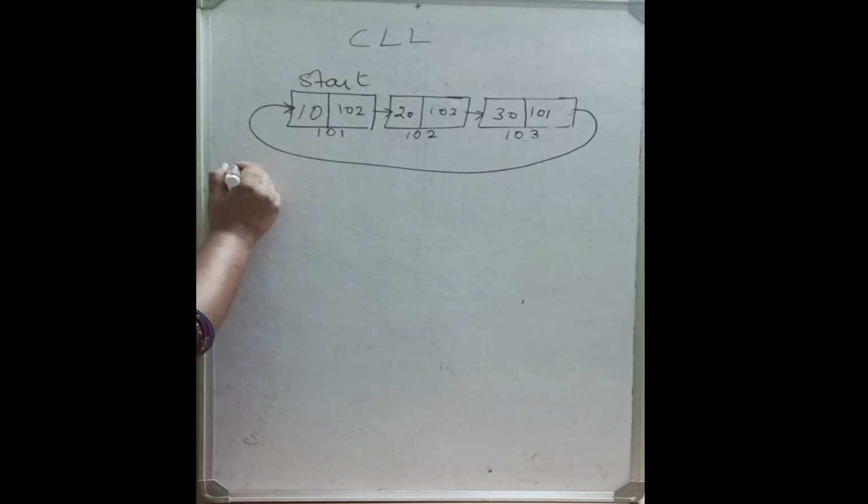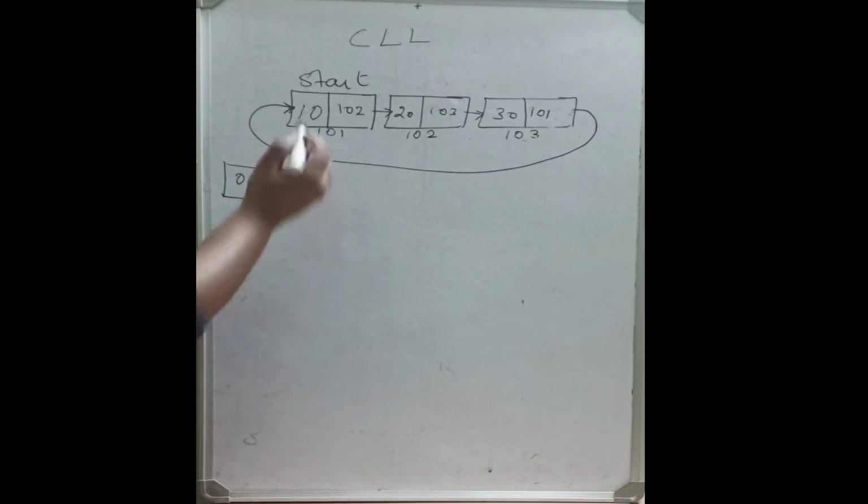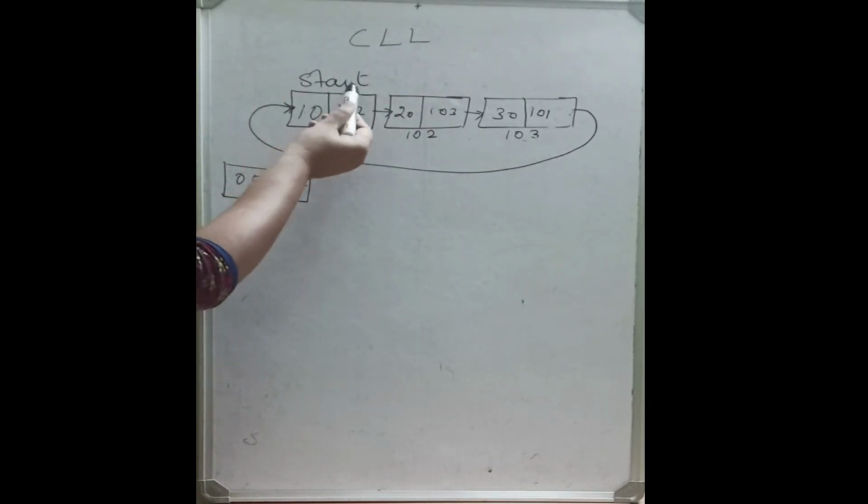So now we are going to insert a new node at the beginning. So my value is this, and here this is my null value. Again, I know only the start pointer.